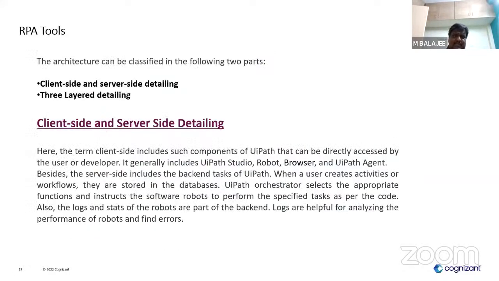So the architecture can be classified into 2 parts: one is the client side, and the other is the 3-layer detailing. The client side will have UiPath Studio, robot, browser, and UI agent, which will target the destination application, start scraping the values, and store all these things.